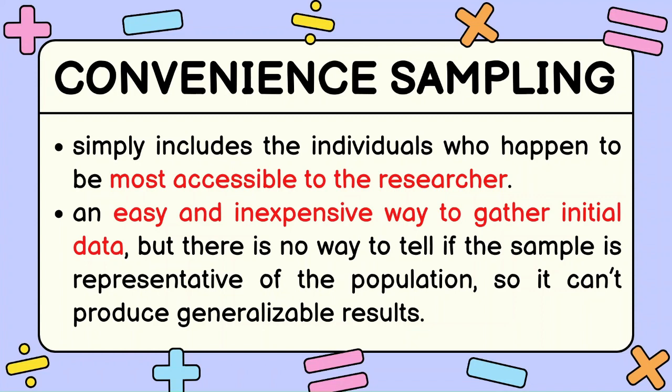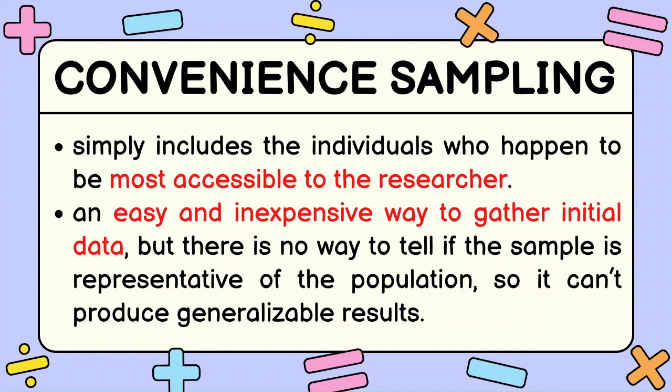So it is for convenient purpose. The researcher only chooses samples that are most accessible to him or her. It is an easy and inexpensive way to gather initial data, but there is no way to tell if the sample is representative of the population, of course.